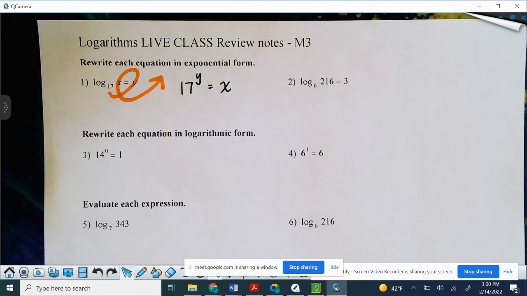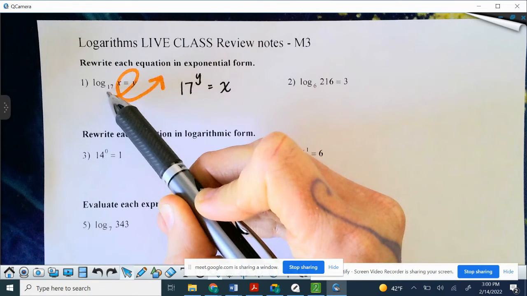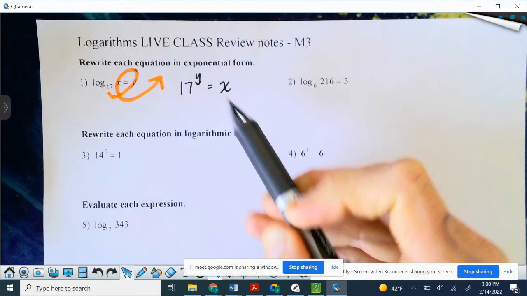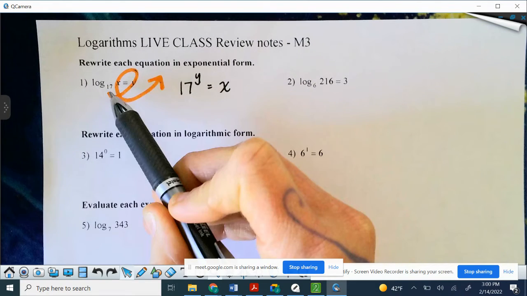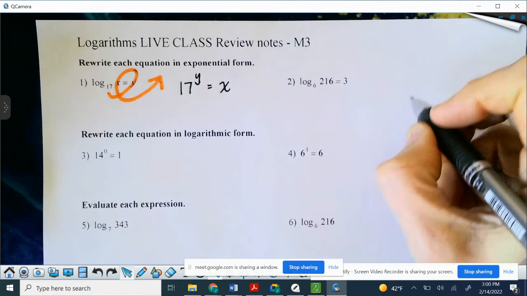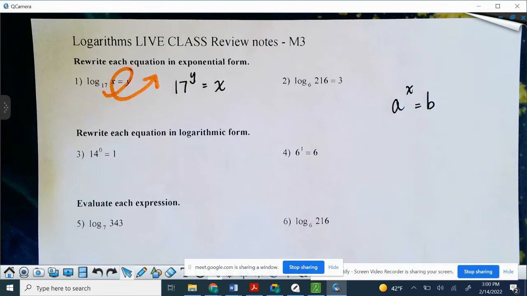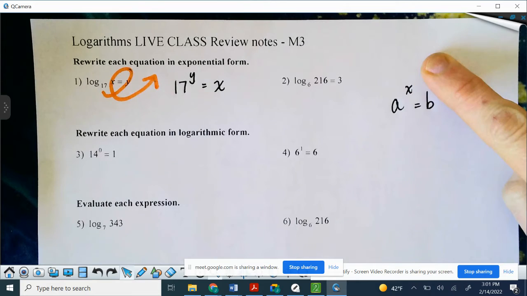Sorry. All right, perfect. So again, grab the base, come out, pick up your exponent, and then come out with your output. So an exponential function is a to the x equals b, I think is the letters they usually use. A is your base, x is your exponent, and b is always your output.